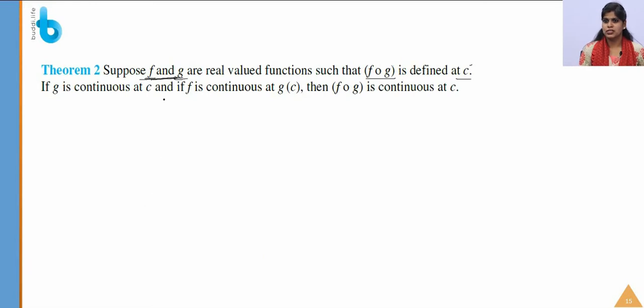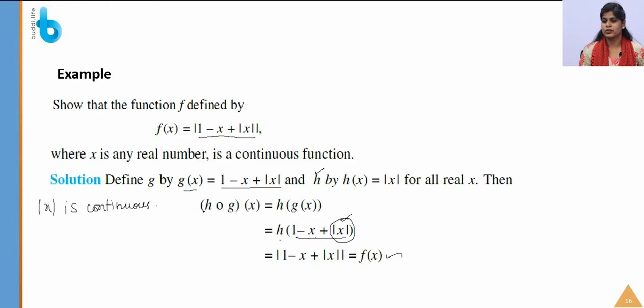That is, g is continuous and h is continuous at g of c, then h composite g is also continuous. See, this g is continuous here and h is already a continuous function, then their composite function is also continuous. Therefore, f of x is a continuous function.